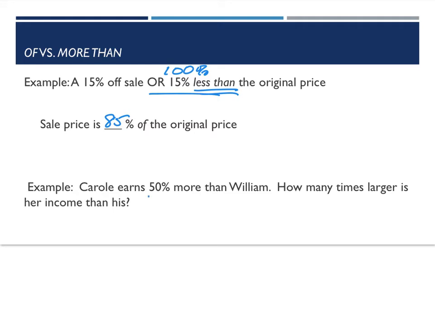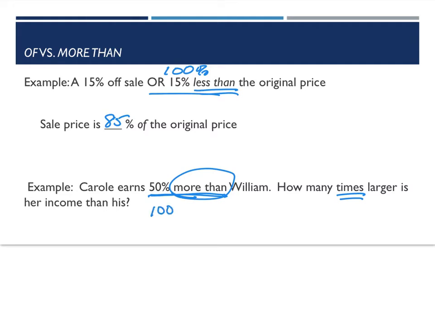If Carol earns 50% more than William, I want to know how many times larger. Times was that decimal, but it's the decimal that went with the of. So if I want to go 50% more than, this is talking about just the amount of the increase.